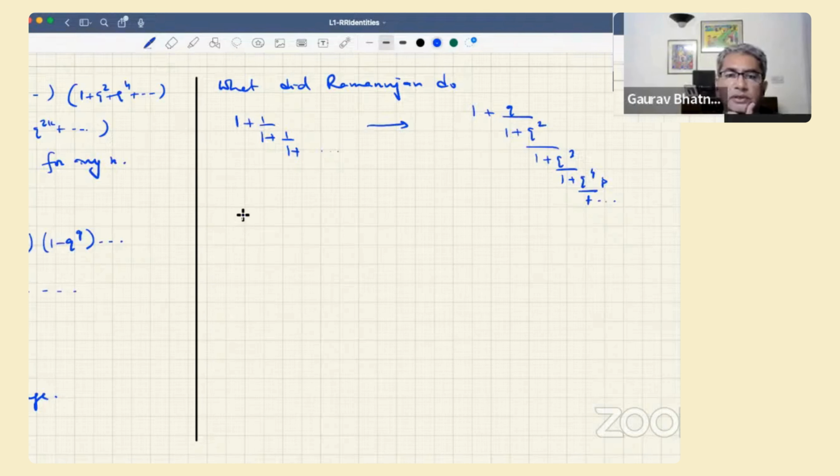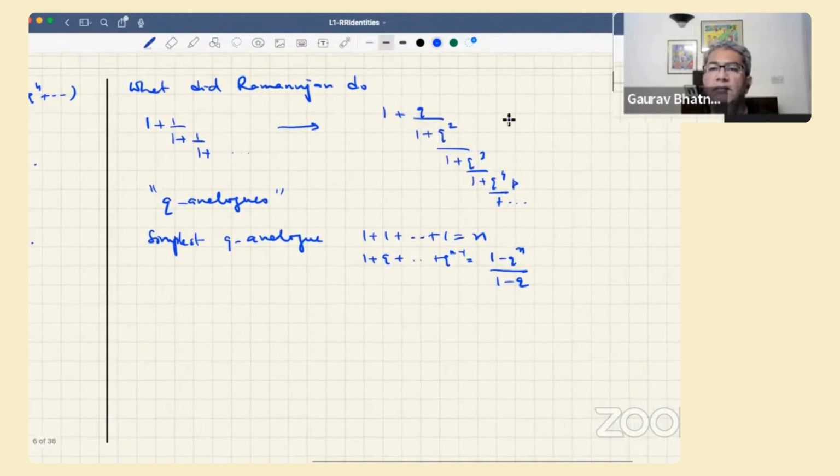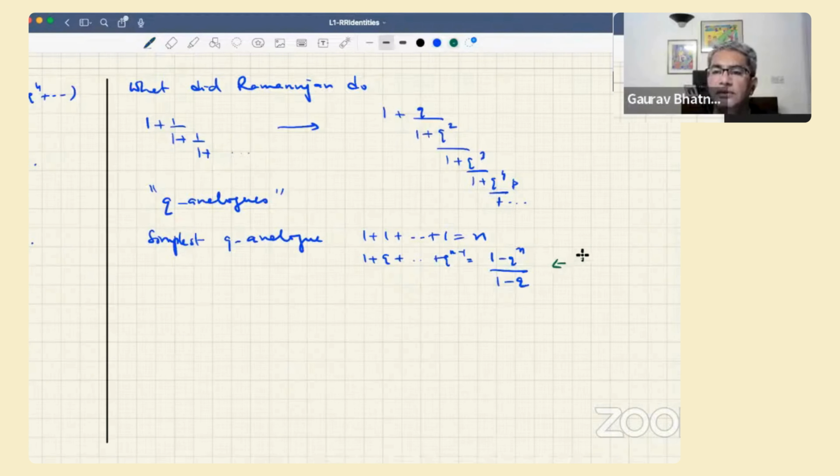These are called q analogs, and they're very natural things to do. The simplest q analog, perhaps I should mention, of 1 plus 1 plus 1, which is n, is 1 minus q raised to power n over 1 minus q. This is the geometric sum, which is very well known.